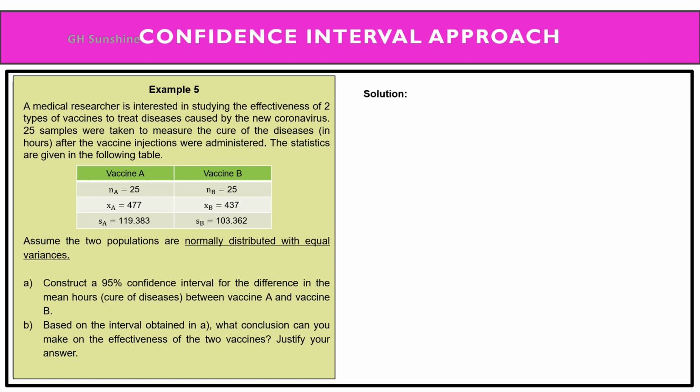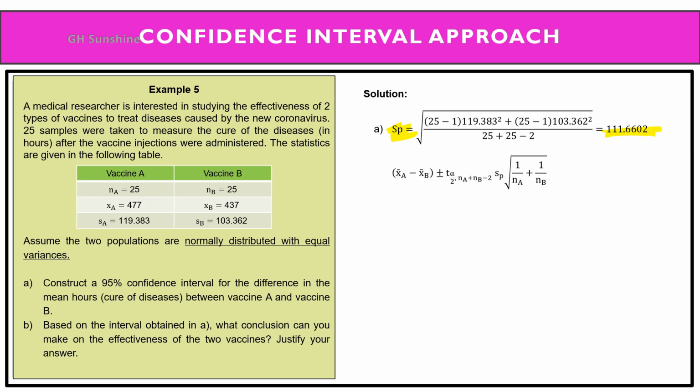So first, calculate the unbiased pooled estimate. Why? Two populations, and the sample size is less than 30. Therefore, we will use T. So, T for confidence interval, case number 3. And then calculate the unbiased pooled estimate, which equals 111.6602.